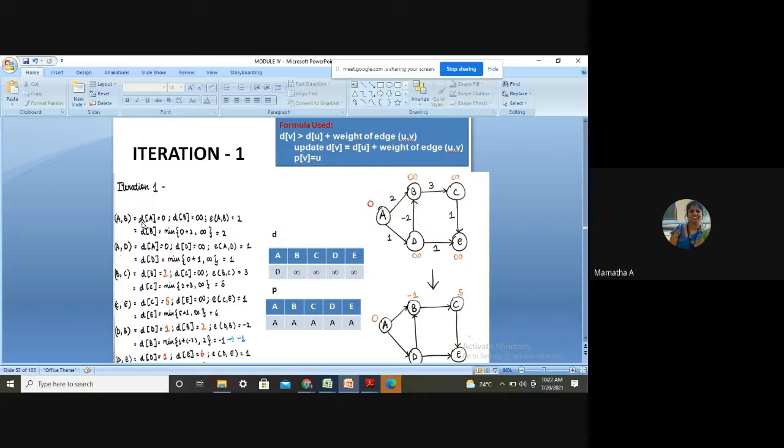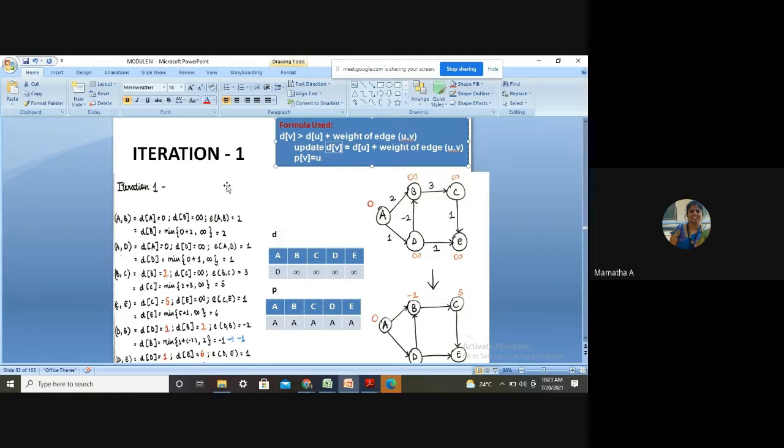D of A is 0. That is du. And D of B is infinity. And also the edge weight between A comma B is 2. Take the inputs. Now, what should I update? I should update D of V, so I will write D of B because V is now B for me here.